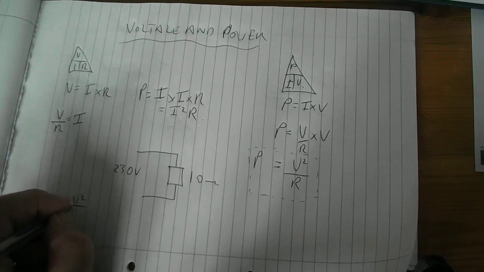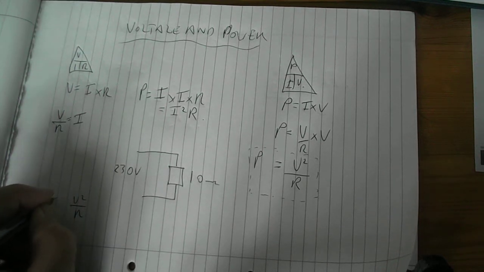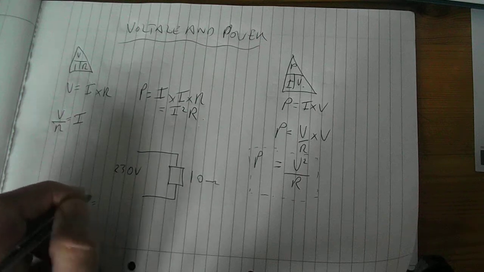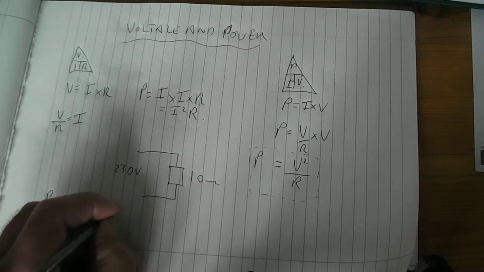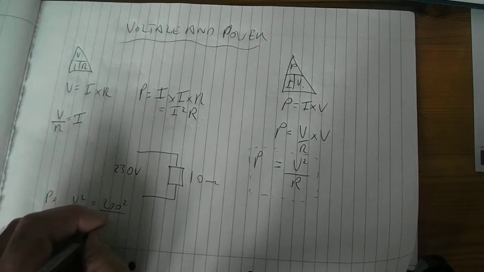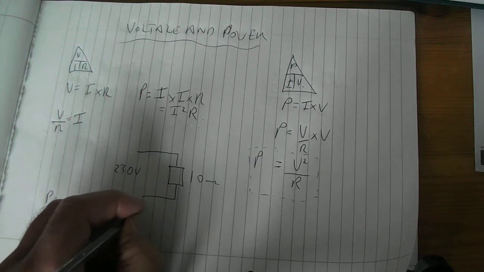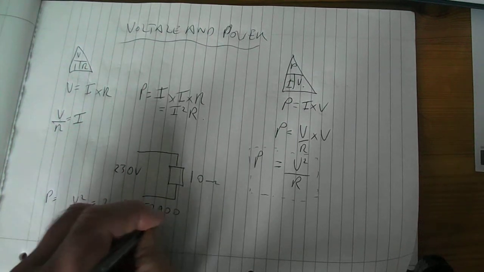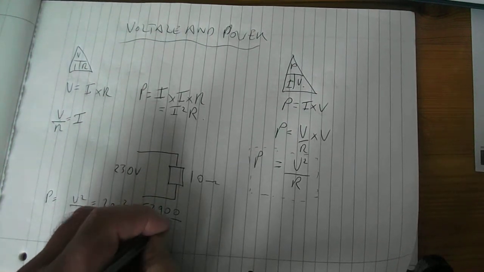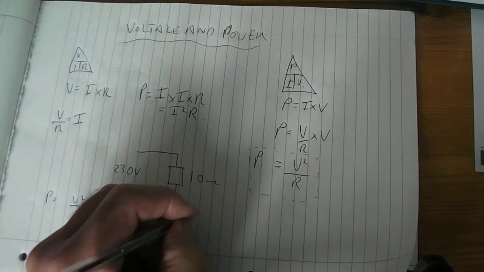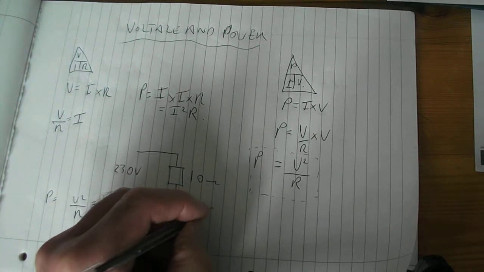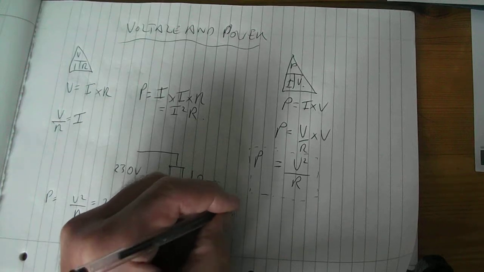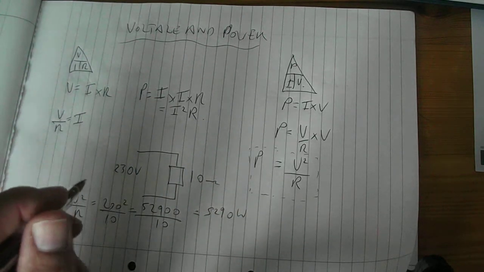Power equals V squared over R equals 230 squared divided by 10 equals 52900 divided by 10 equals 5290 watts, 5.2 kilowatts.